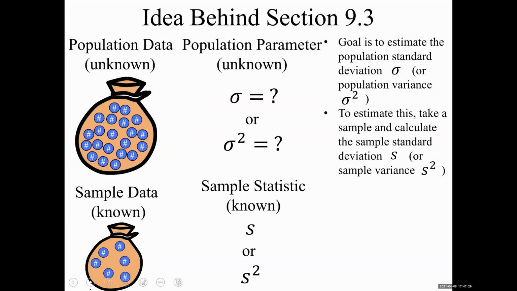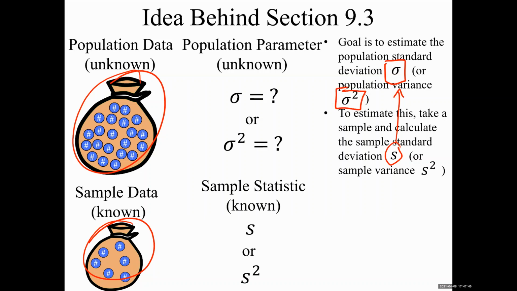The way you guess it is you take a sample and calculate the corresponding thing for the sample. So if you're trying to guess sigma, which is the standard deviation of these numbers, you calculate the standard deviation of the sample numbers, which is S, and that's your best guess for sigma. If the question asks you to estimate the variance of these numbers, you calculate the variance of the sample numbers, S squared, and S squared is your best guess for sigma squared.